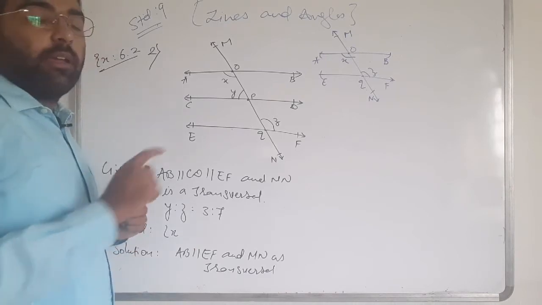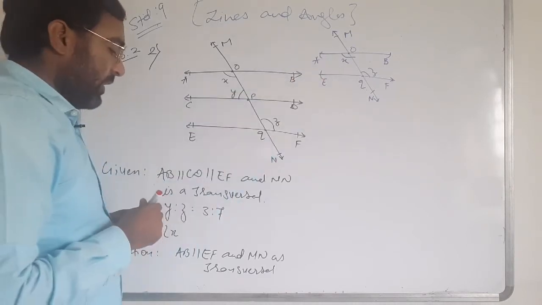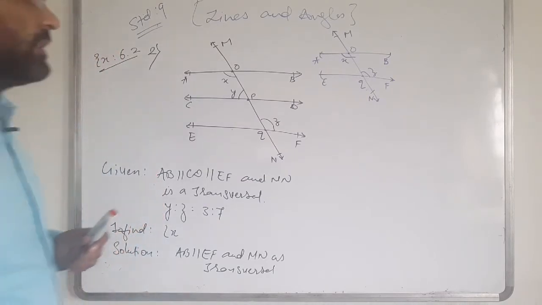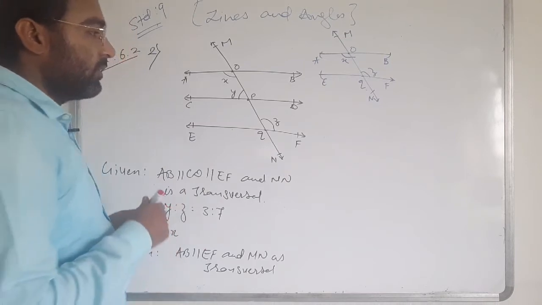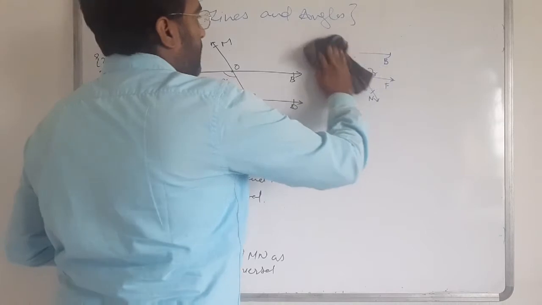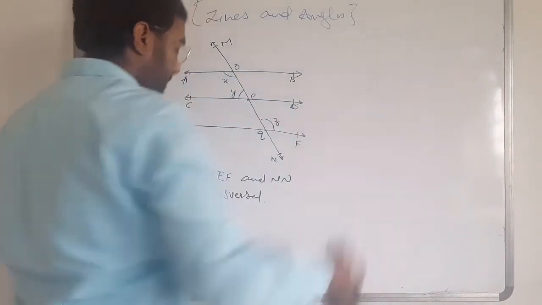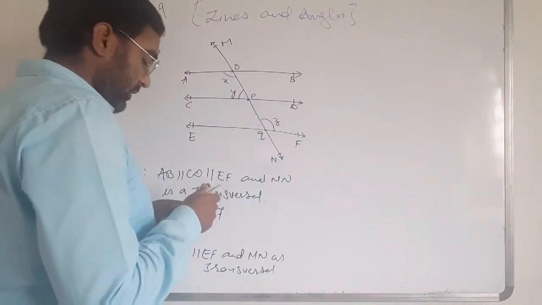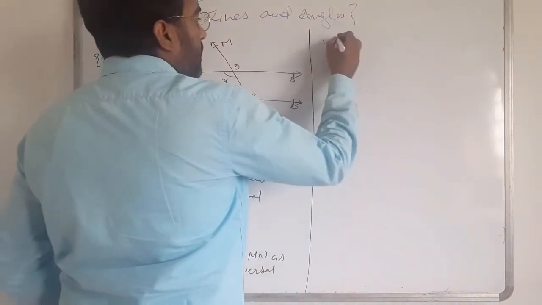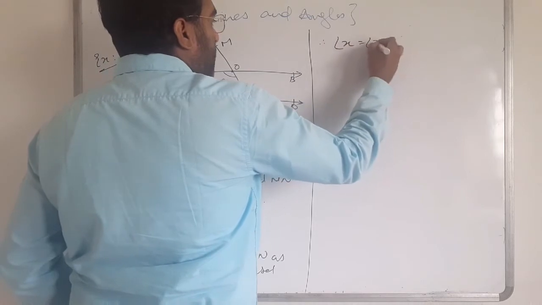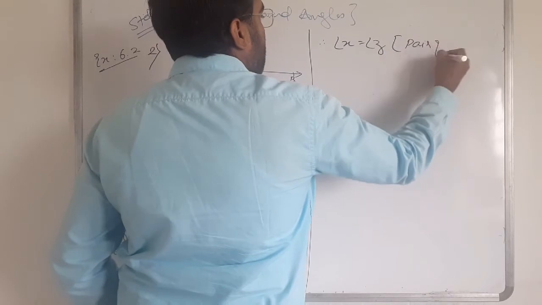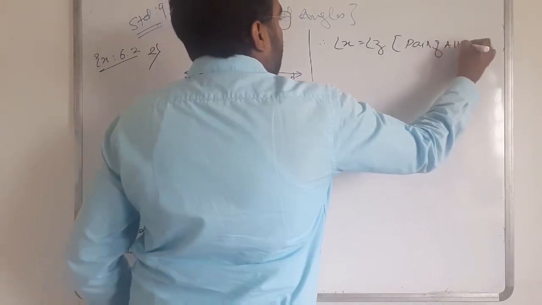So from this figure, angle X is equal to angle Z because of the pair of alternate angles.